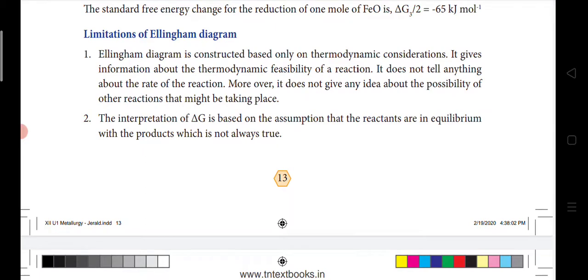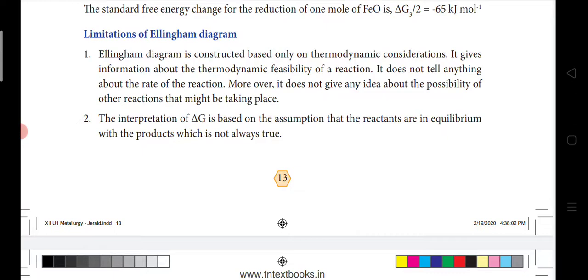And the second limitation is that the interpretation of delta G is based upon the assumption that the reactants are in equilibrium with the products, which is not always true. So at the beginning we saw that Harold Ellingham has considered all the reactions to be in equilibrium state.